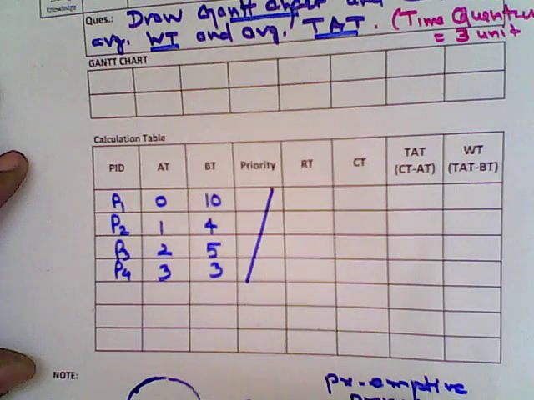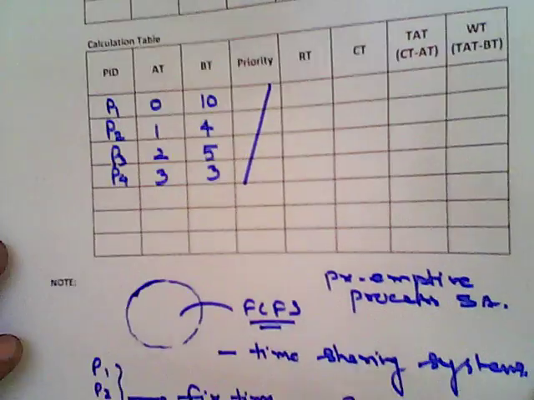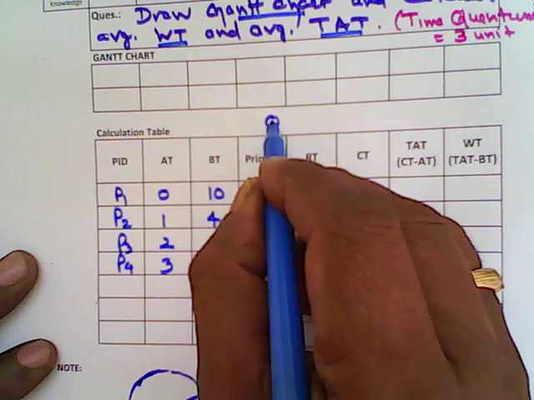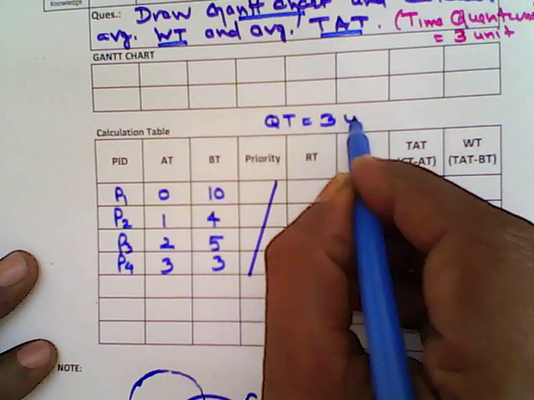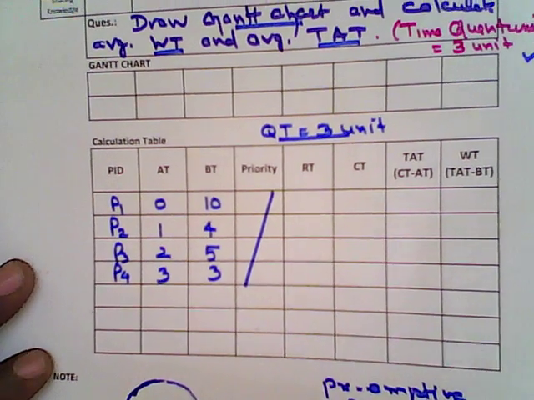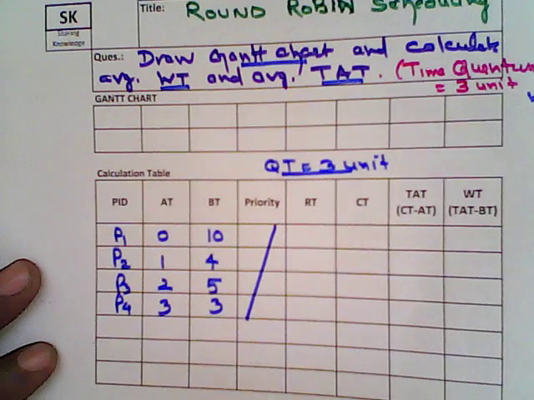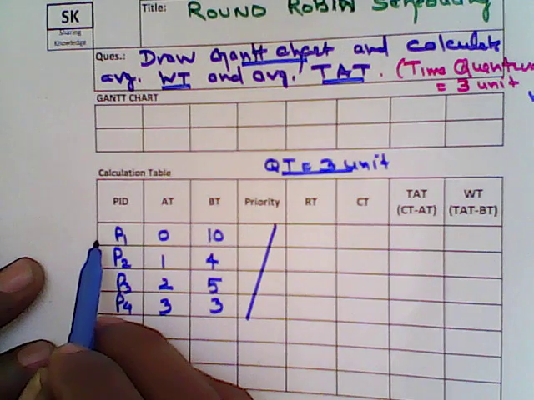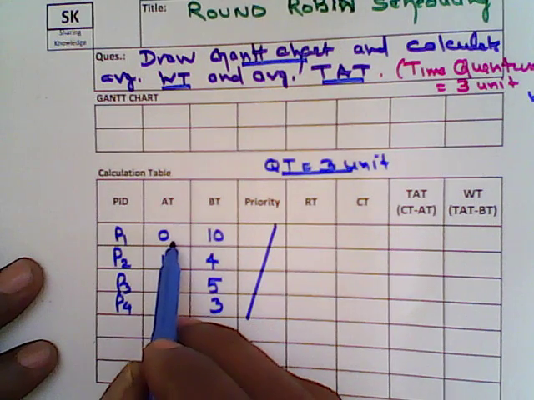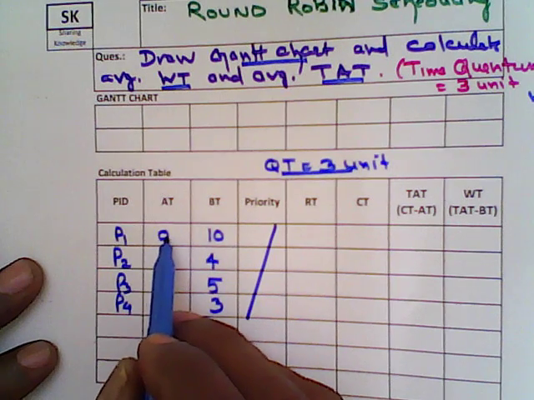Now we know that here QT is equal to 3 units, as the question itself indicates. So we'll first start with the Gantt chart. The first process, P1, appears in front of the CPU at arrival time 0.